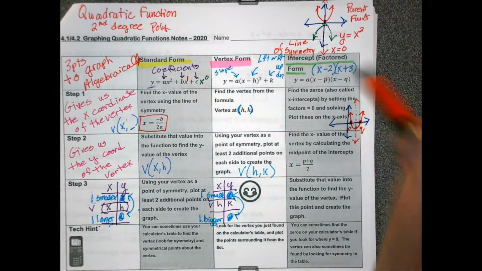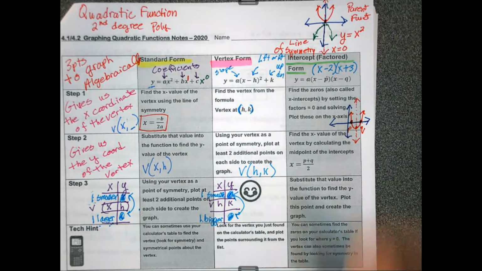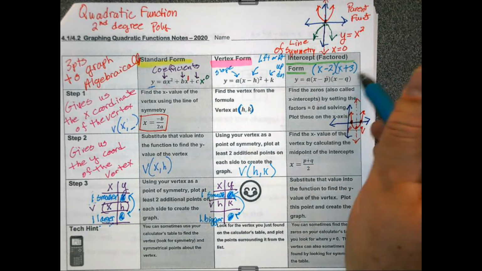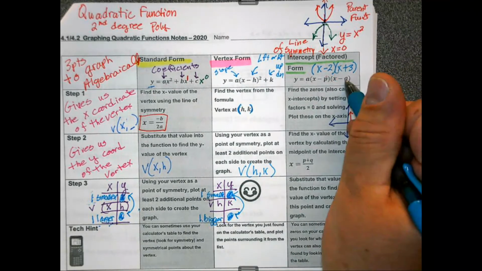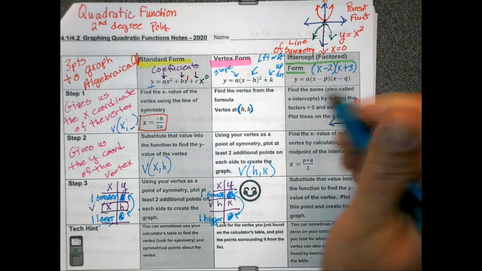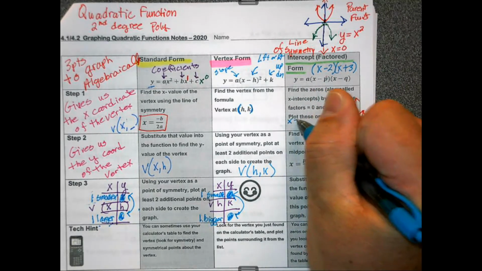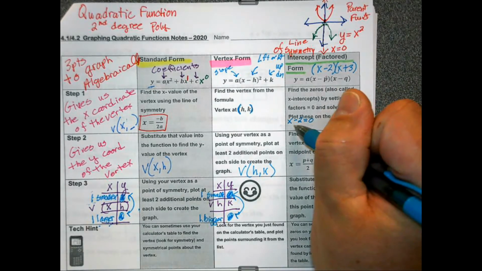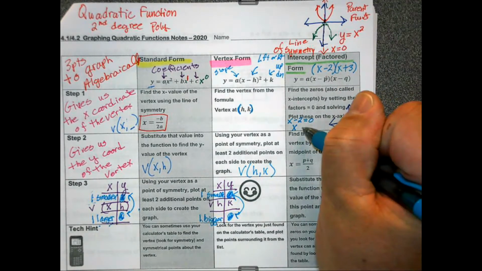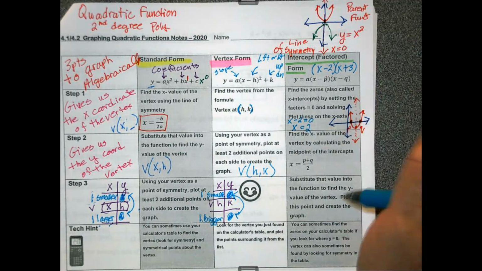Well, we take our factors. In this case, and again, I put numbers in here because it's easier, more helpful to see. We take our factors and we set them equal to 0. So I'm going to take that x minus 2, set it equal to 0. Add 2 to both sides, so my x-intercept here is positive 2.